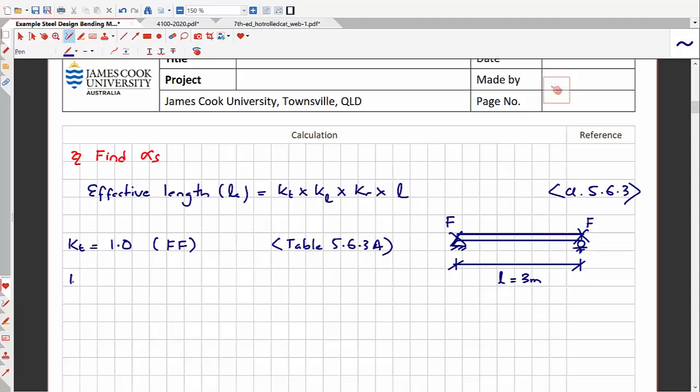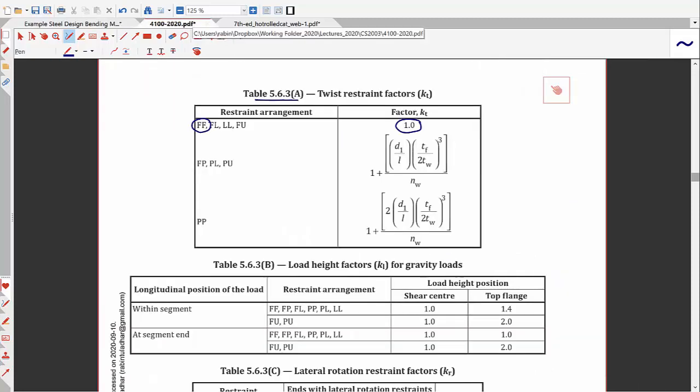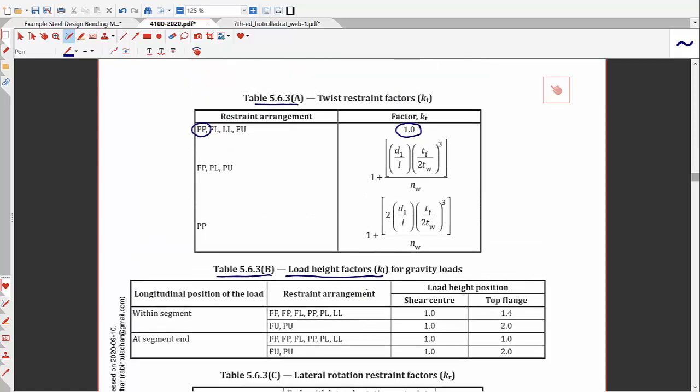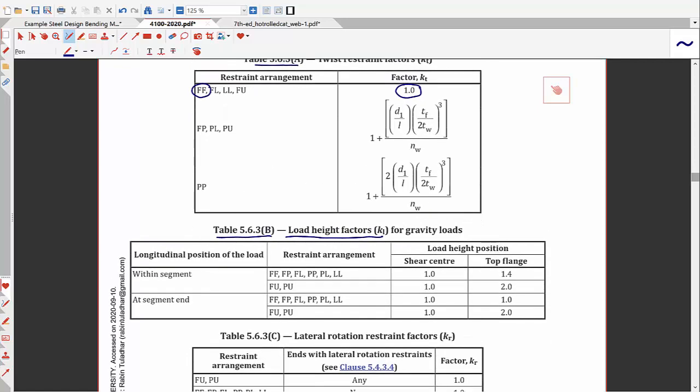Now the second parameter that we need is the KL factor, which is obtained again from AS4100. The KL factor, which is the load height factor, is given in table 5.6.3b. Now our load is acting within the segment, and also the load is acting on the top flange itself.